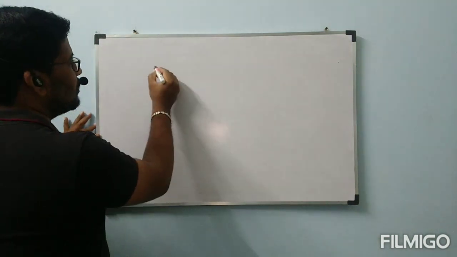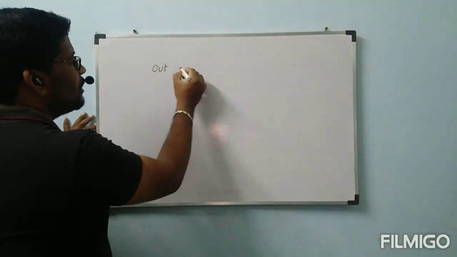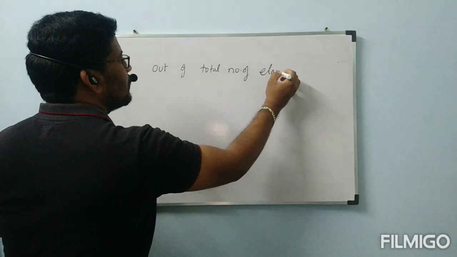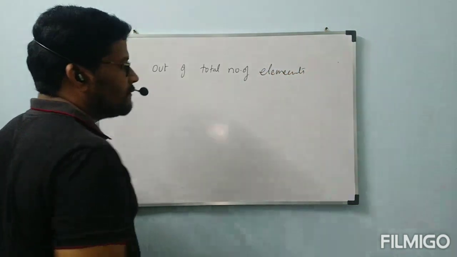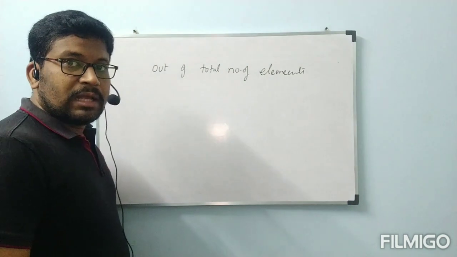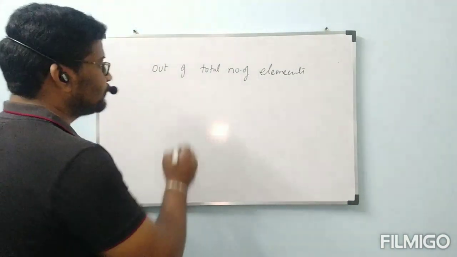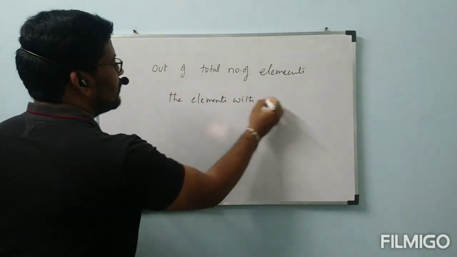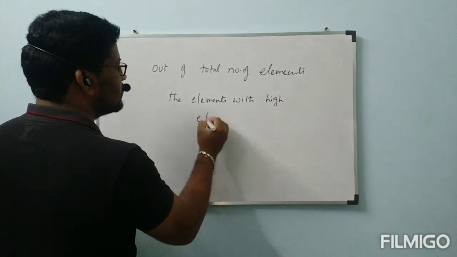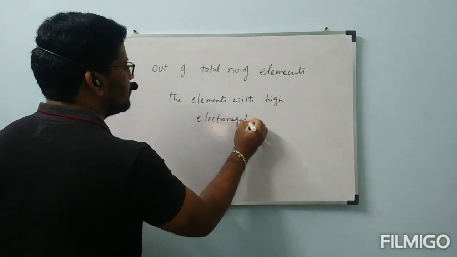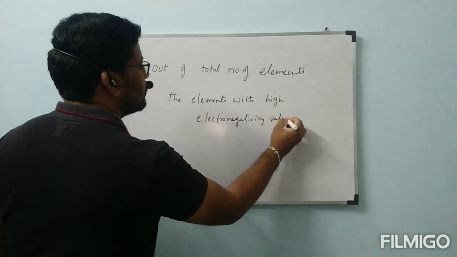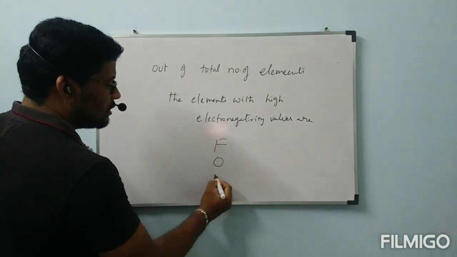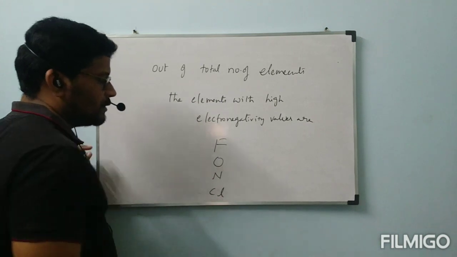Before going to that explanation, one point I am going to write on board. Out of total number of elements, the elements with high electronegativity values are number 1 fluorine, 2 oxygen, 3 nitrogen, 4 chlorine.